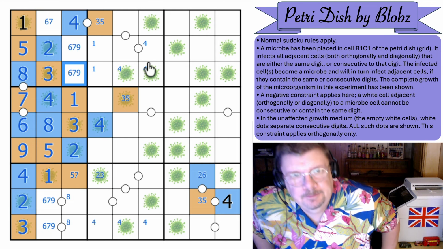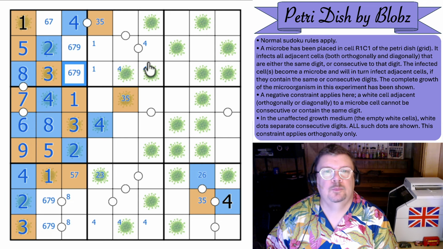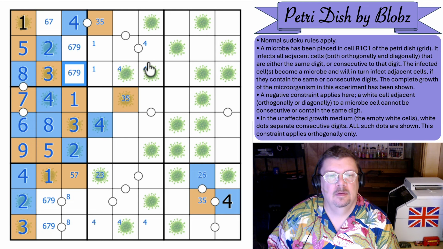Okay. That's not a 4. 4 is in one of those two. I keep pressing the wrong button. All right.